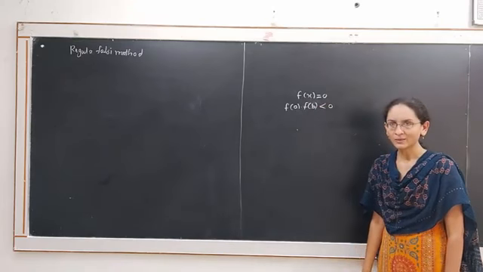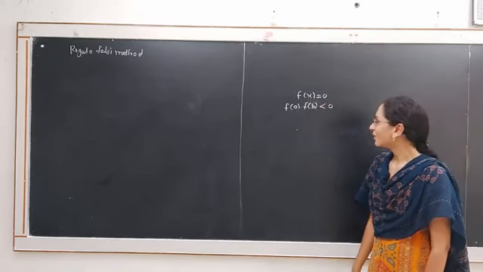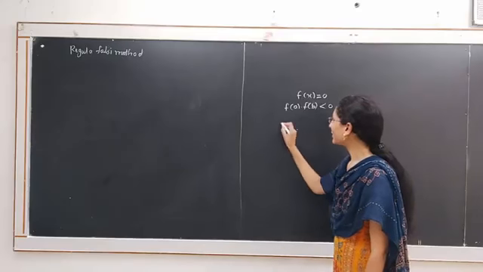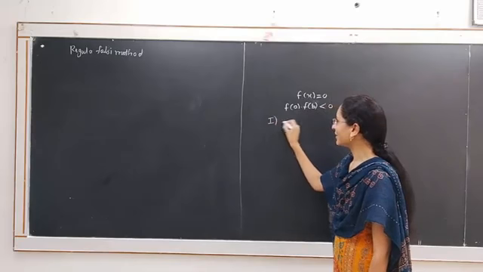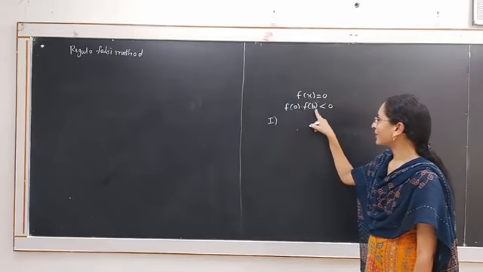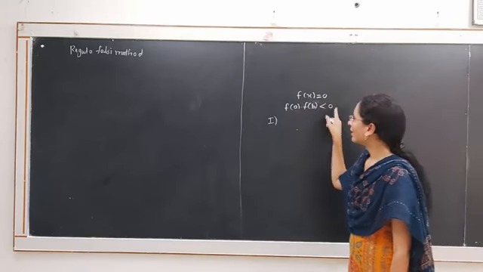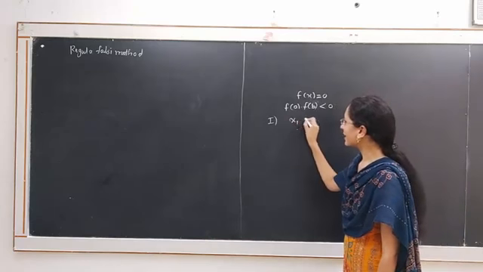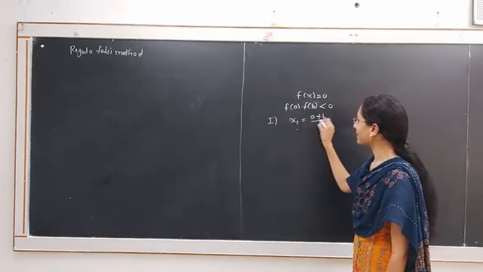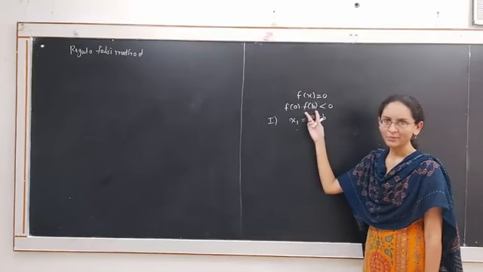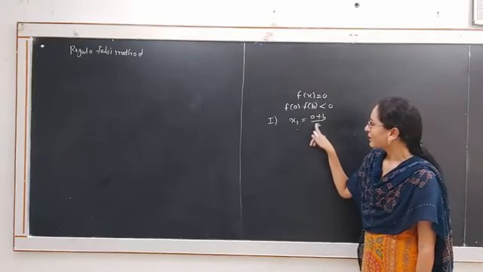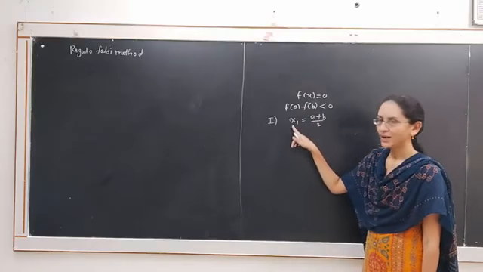In the bisection method, we take the midpoint of the points a and b. In the first iteration, if f of a into f of b is less than 0, then we choose x1 equal to a plus b upon 2. That means we bisected the interval ab, and the midpoint of that interval is given by x1.